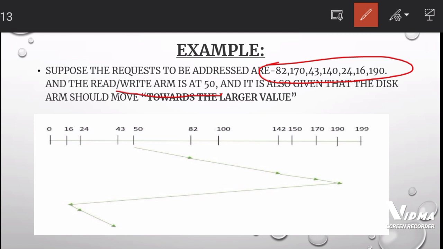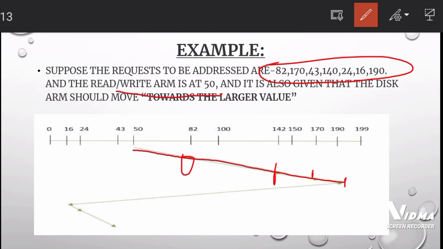So what does it say? Firstly, it goes the same as LOOK, meaning it starts from 50 and goes till 190, and in between all the requests, 82 and 140 and 170, will be filled until 190.